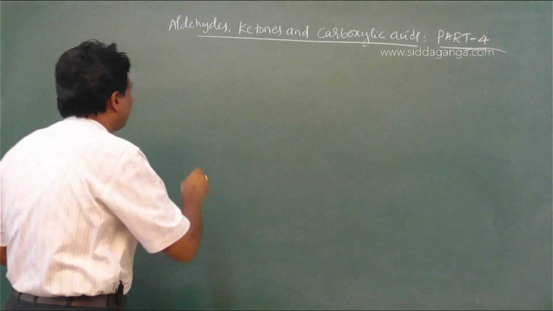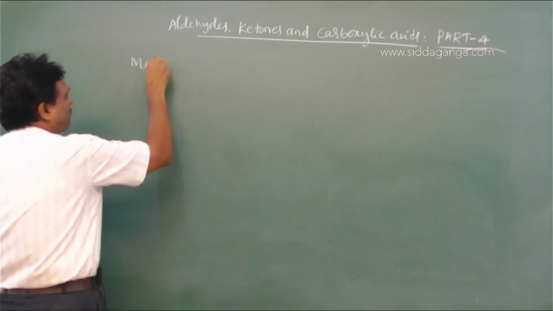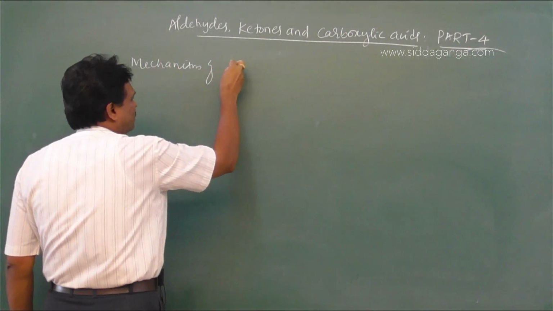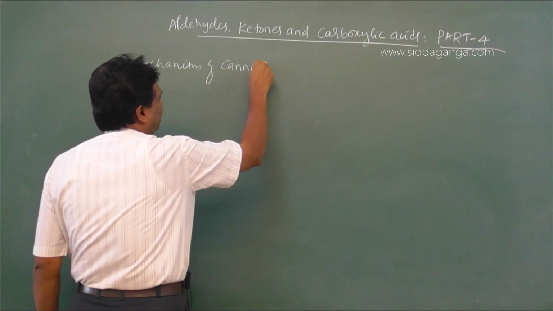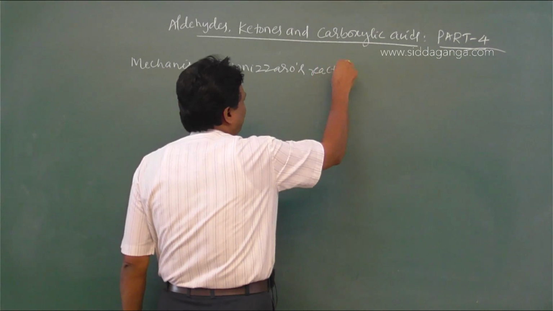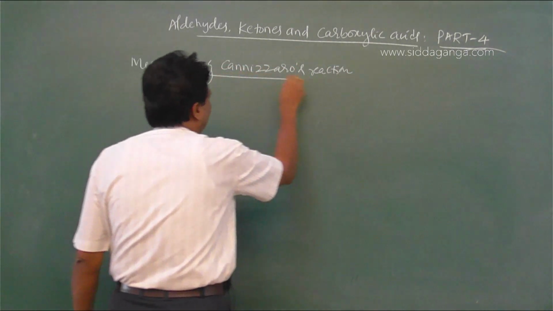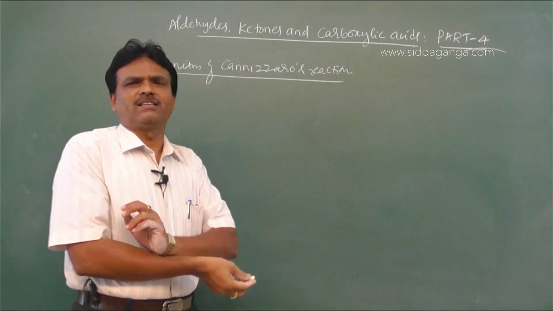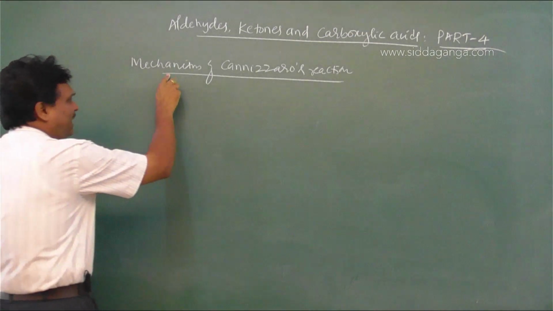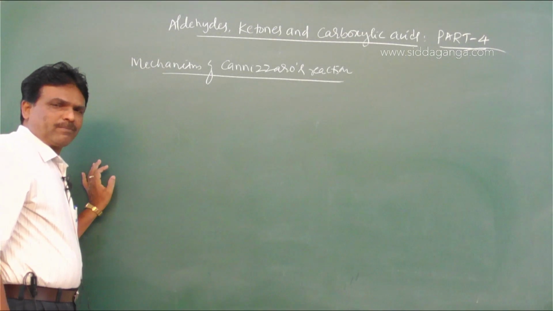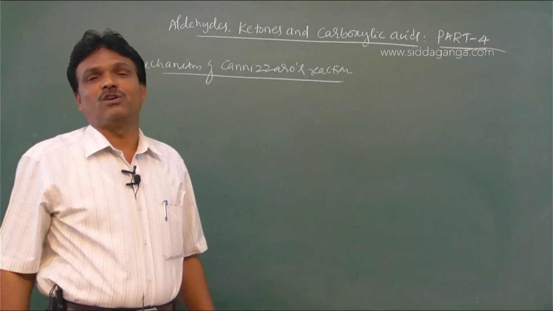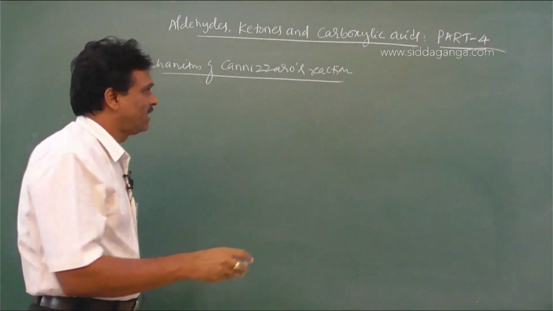So look here, mechanism of Cannizzaro reaction. ಏನಾಗ್ತದೆ ಹಾಗಾದ್ರೆ in Cannizzaro reaction? So an aldehyde which does not contain alpha hydrogen, in the presence of a strong solution of sodium hydroxide. ನೋಡಿ ಏನಾಗುತ್ತೆ ಹಾಗಾದ್ರೆ.